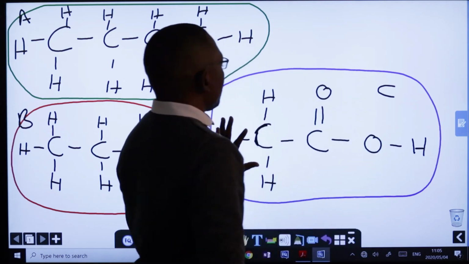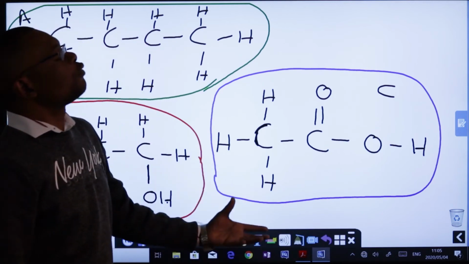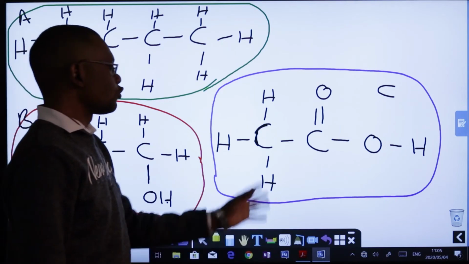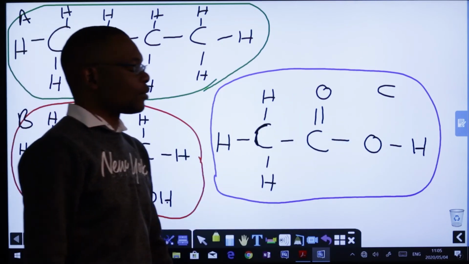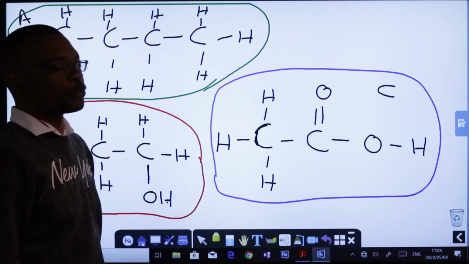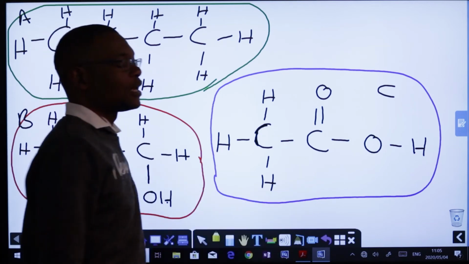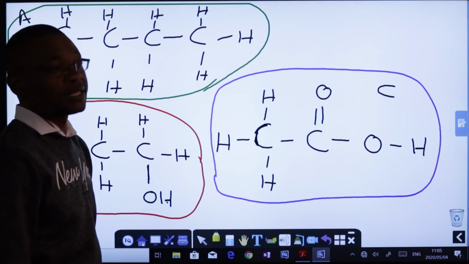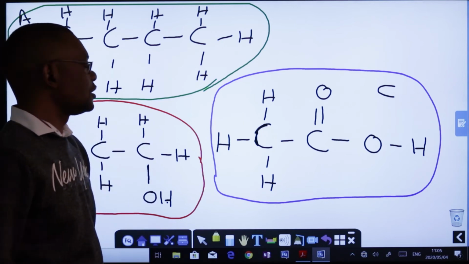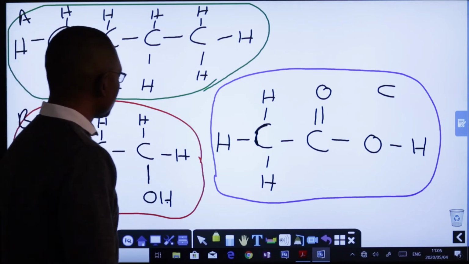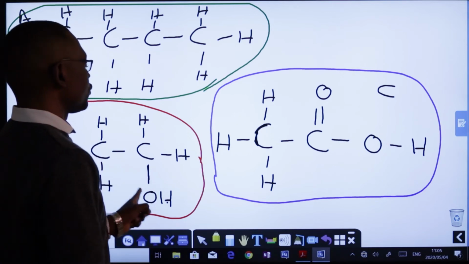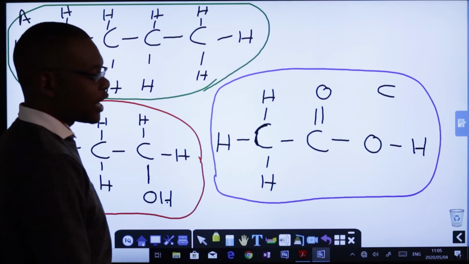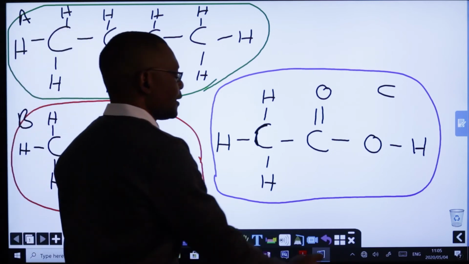So apart from the simple van der Waals forces, we've got multiple hydrogen bonds forming on the carboxylic functional group. So that's why it increases the boiling point of ethanoic acid to 118 degrees as compared to that of propanol, which has fewer hydrogen bonds, as compared to that of butane, which does not have any hydrogen bonds at all.